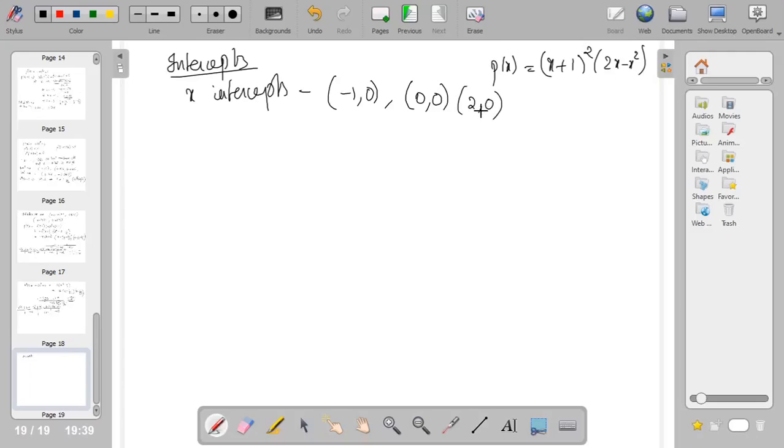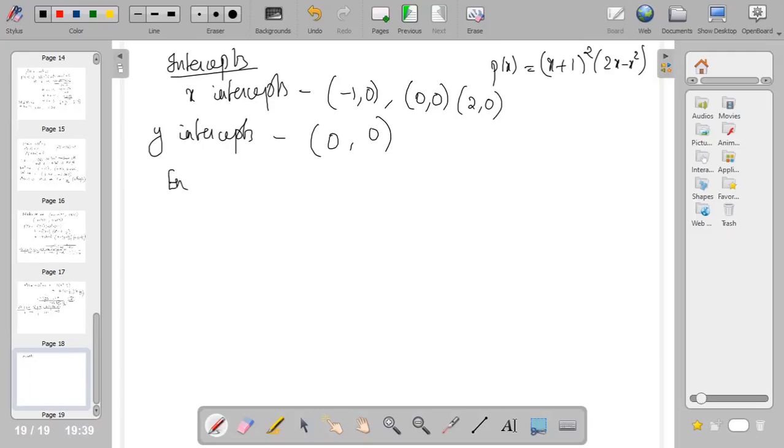So those are the x intercepts, and for y intercept, x equal to 0, and again the p of x value is 0. So that is the y intercept.